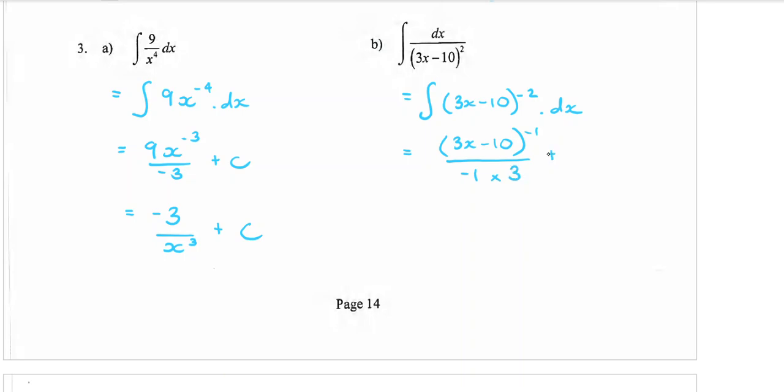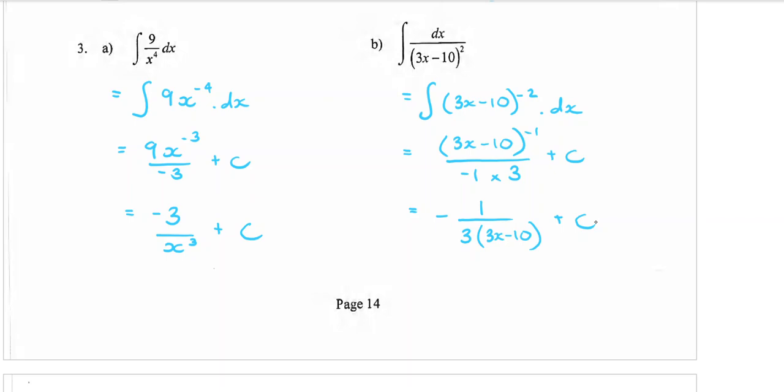Good, you guys have got this. Plus c. And to fix it, the whole bracket on the top has to move to the bottom. So I'm going to have just a 1 on the top, and it will be 3x minus 10 to the power of 1. And the minus sign, I'm moving out the front, or you can move it to the top. Minus signs are really cool that they're so flexible and you can move them around. And that's it. All right, next page.